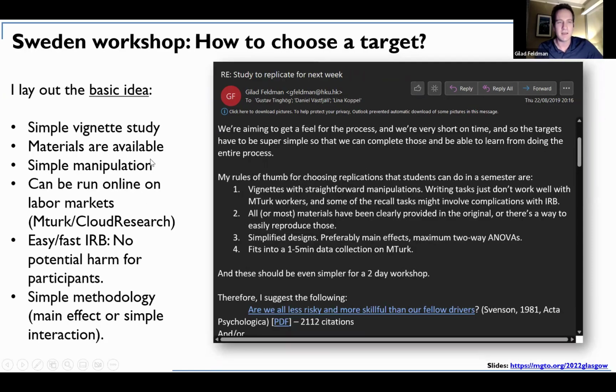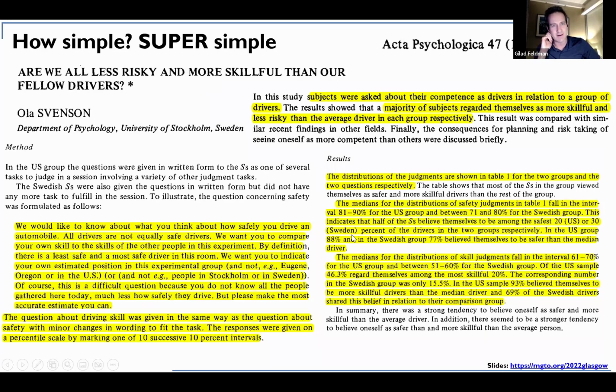And the basic idea was, once again, going to take a very simple study where the materials are already available, run this very fast online. Because it's a very simple vignette study with no potential harm, it's very quick to get this through IRB, and a simple methodology.